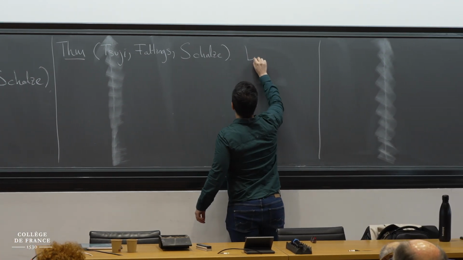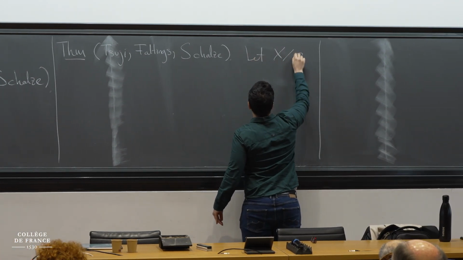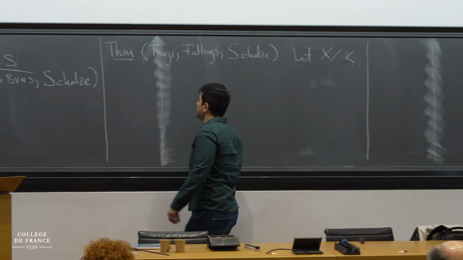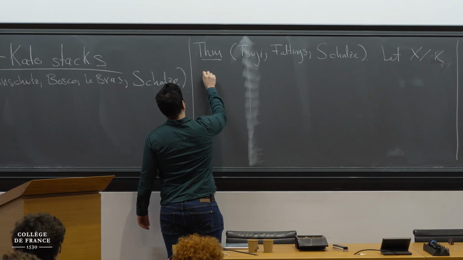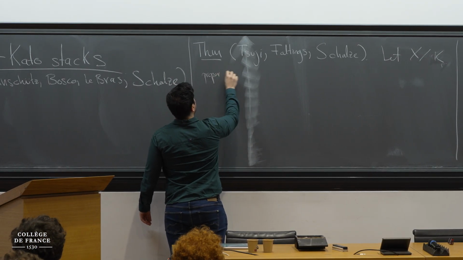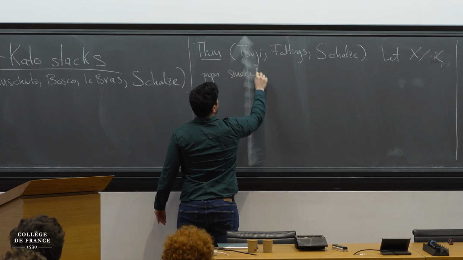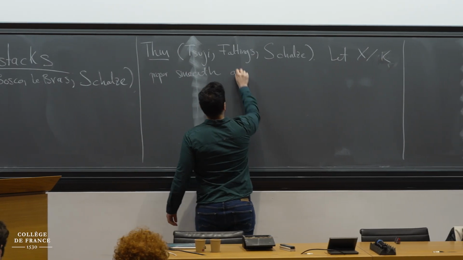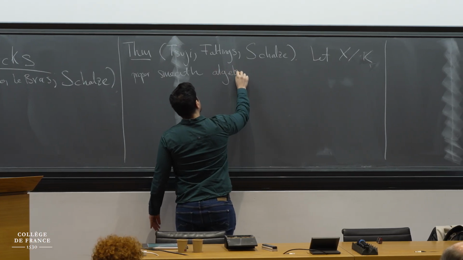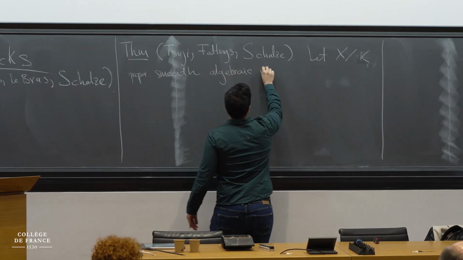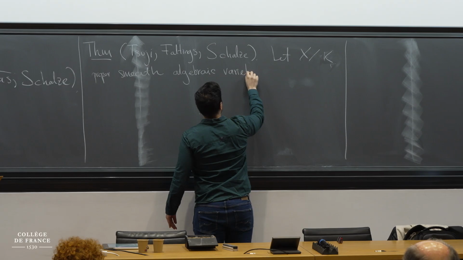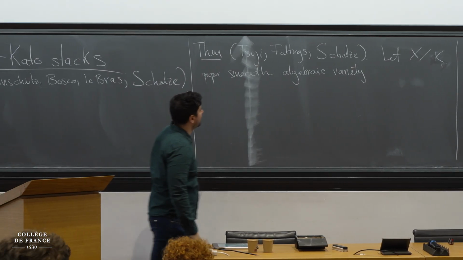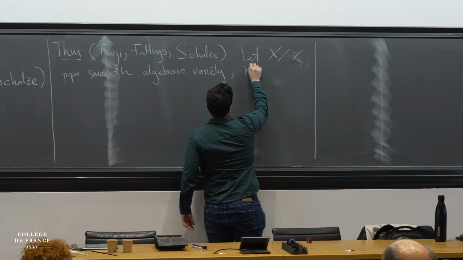It says: let X over Q_p, well, let me talk about K instead of Q_p, be a proper smooth algebraic variety, and K some finite extension of Q_p.